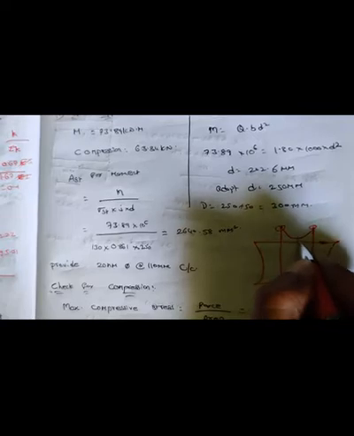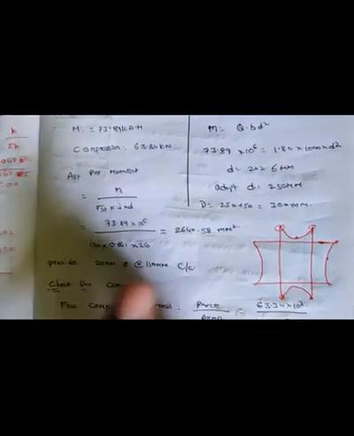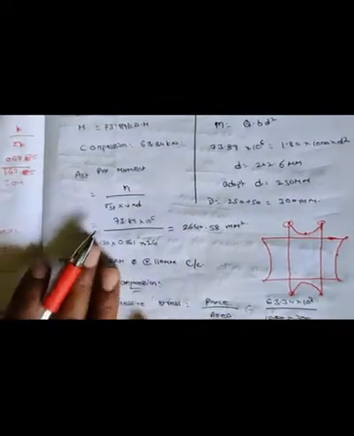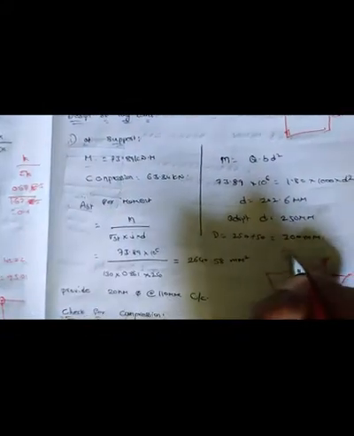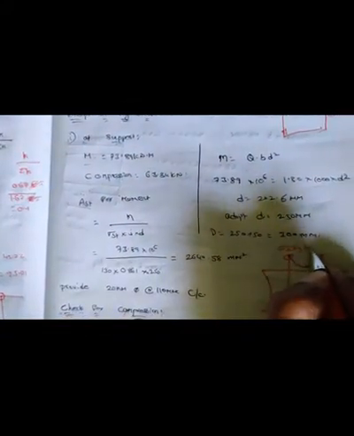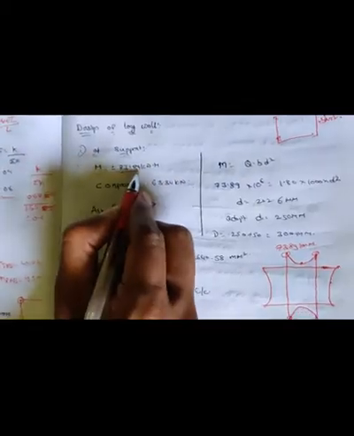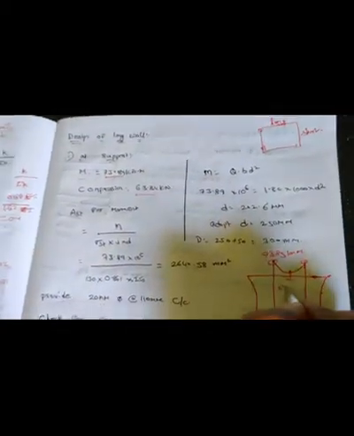These are nothing but the center where we have to design, and at center we have to design. Now what is the moment at support here? That is 73.89 kilonewton meter. Same value I am taking here. Compression, as we have seen in my previous video, you will get the compression value, that is 63.84 kilonewton.